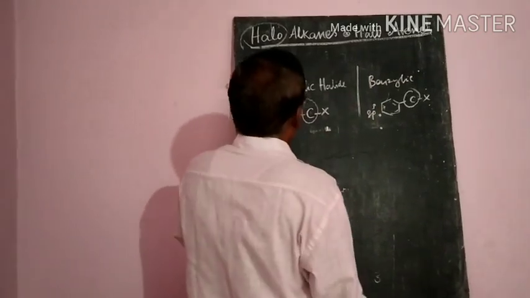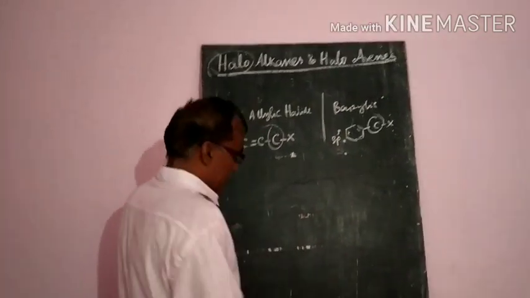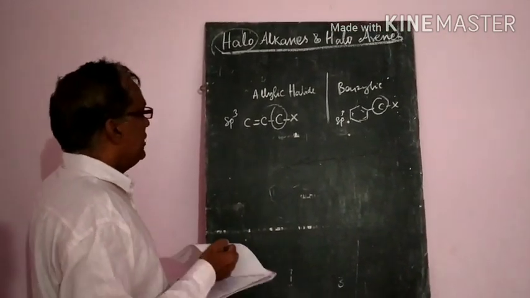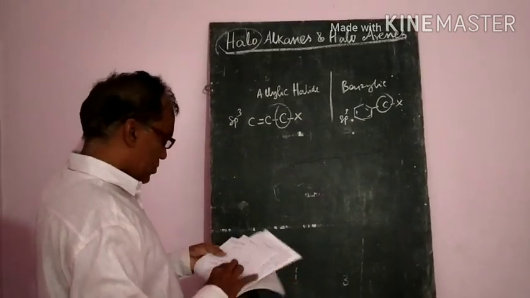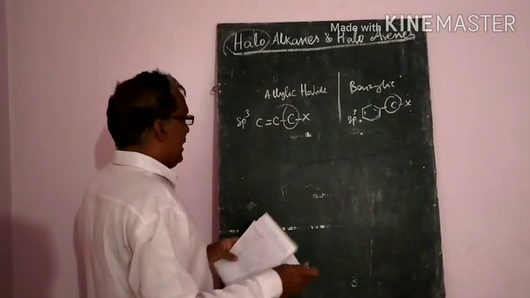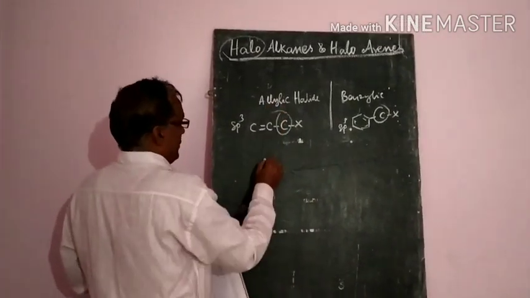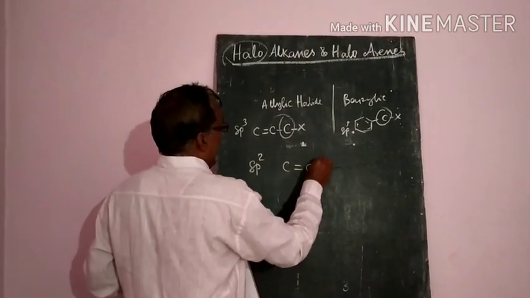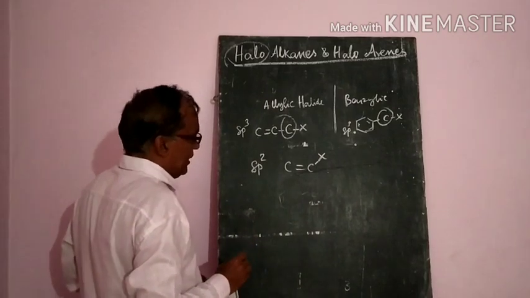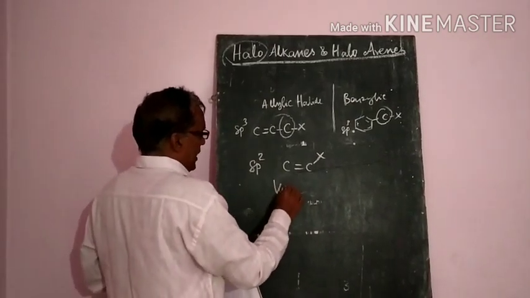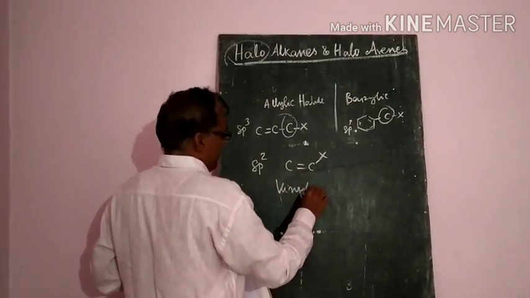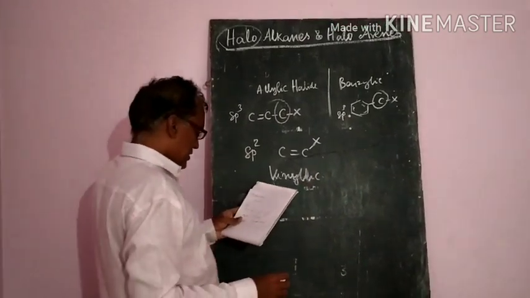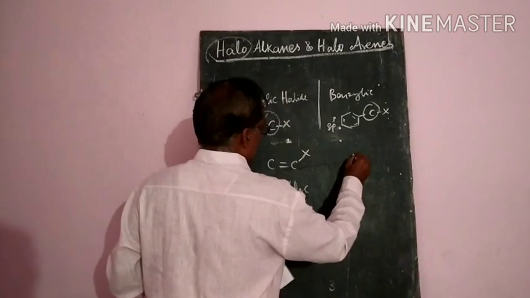Similarly, suppose the halogen is attached to the double bonded carbon atom itself, that is vinylic. So the allylic carbon atom is sp3, but if the halogen is attached directly to an sp2 hybridized carbon atom, this is called the vinylic carbon atom, or vinylic halides, and these are also called the aryl halides.